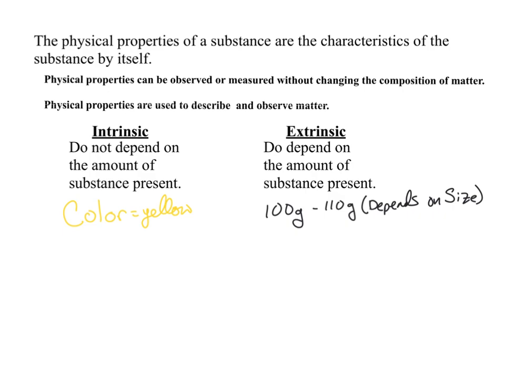When I looked at the banana and said it was yellow, nothing had to change. When I weighed it on the scale, I may have taken it and placed it on the scale, but I didn't change anything about the banana. These physical properties could always be observed or measured without changing the composition of the matter. That is not true of chemical properties, as we'll see later.